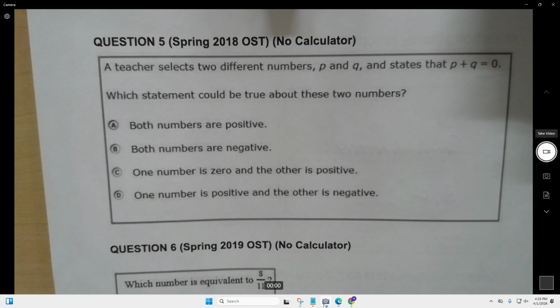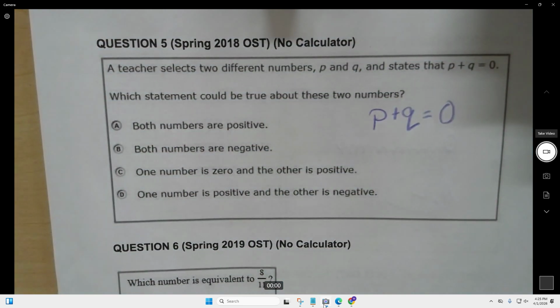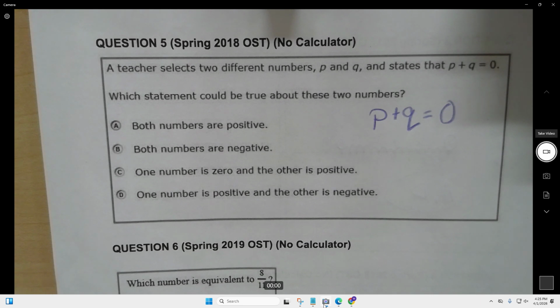A teacher selects two different numbers, p and q, and states that p plus q equals 0. What statement can be true about these two numbers? So p plus q equals 0. Okay, so what statement can be true? Both numbers are positive.